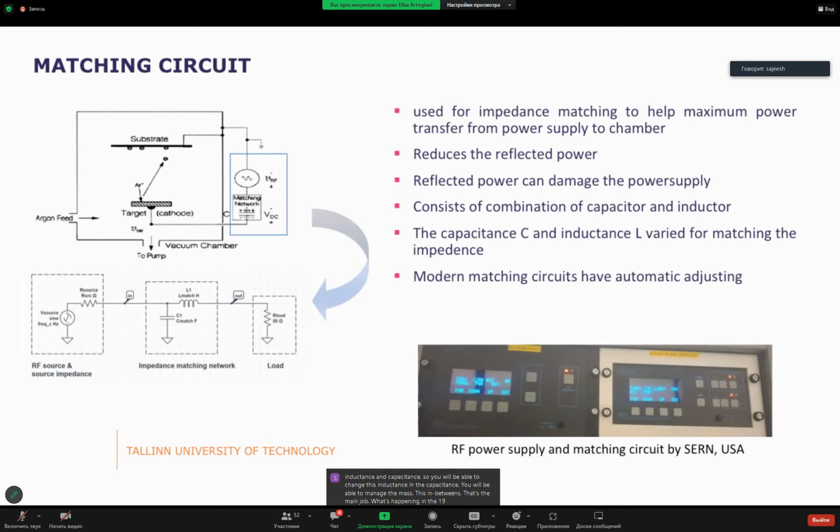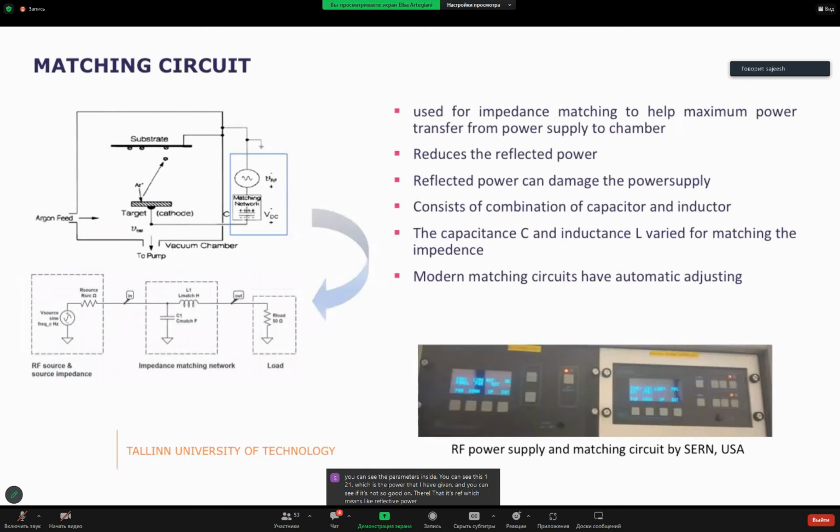And you can see one of the sputtering RF power supplies and the matching circuit that I used. It was supplied by CERN from USA, I think. You can see the parameters. You can see 120 watts, which is the power that I have given. There is REF, which means reflected power.